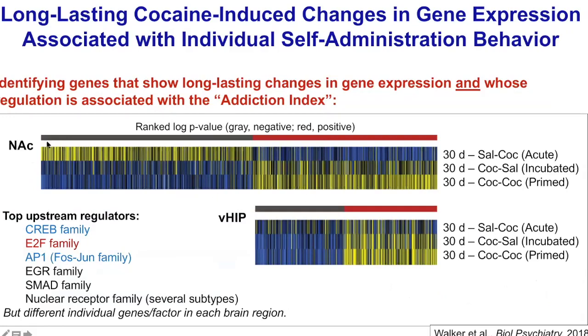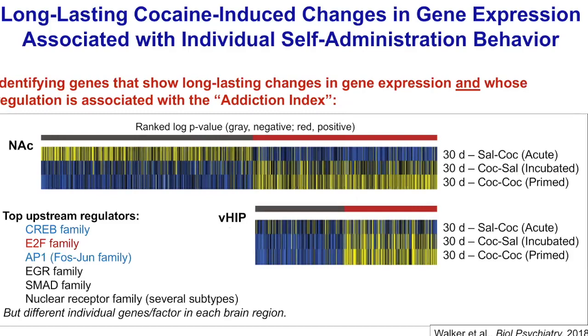I'm showing you the nucleus accumbens and ventral hippocampus as a counterpoint to make one particular interesting point. The genes that show particular transcriptional responses at the 30-day time point, incubated and primed, look like most of the same genes were affected in response to an animal's first ever cocaine dose, although mostly in opposite directions.